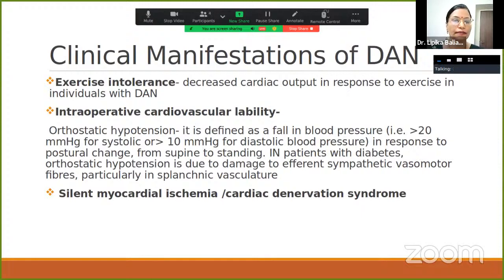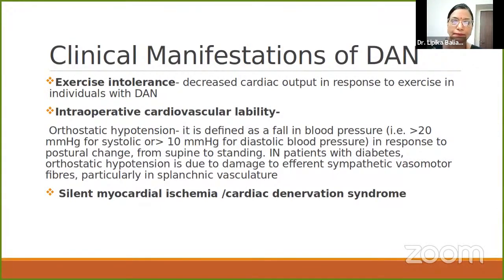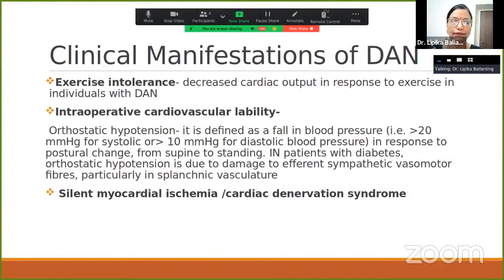So here they exhibit orthostatic hypotension, which is defined as a fall in blood pressure of more than 20 millimeter mercury for systolic or more than 10 millimeter mercury for diastolic blood pressure in response to postural change. The postural change being supine to standing.